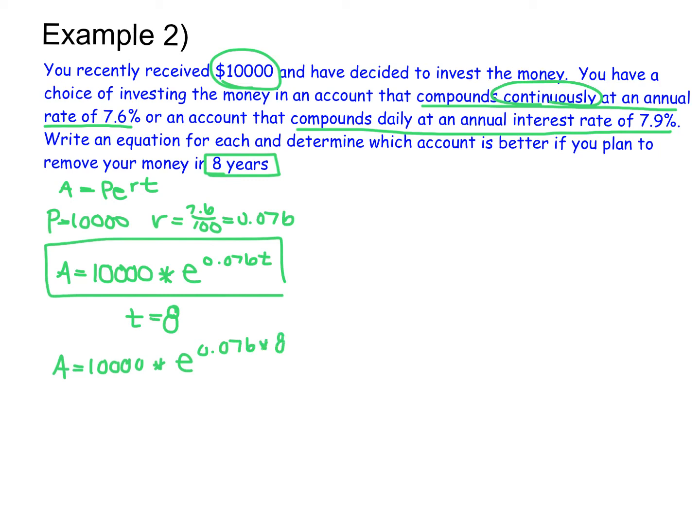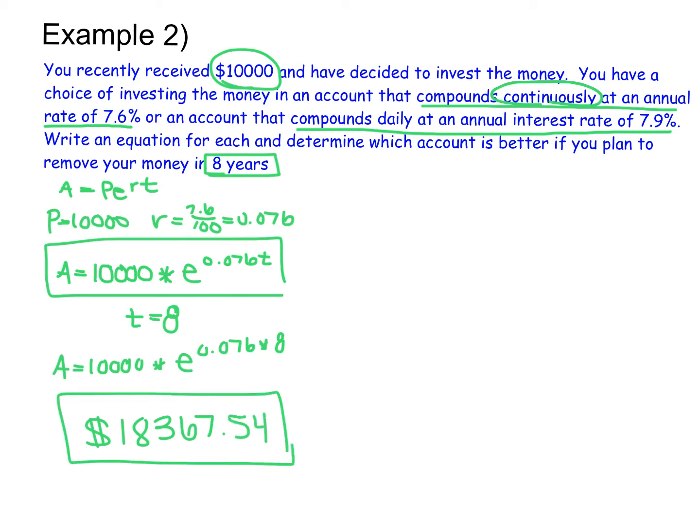So now if we utilize our calculator here, remember that that e button is attached to the ln, so you do second ln, then you do 0.076 times 8 and close your parenthesis, and you find that after about 8 years, your account currently has approximately $18,367.54. So that's situation 1.